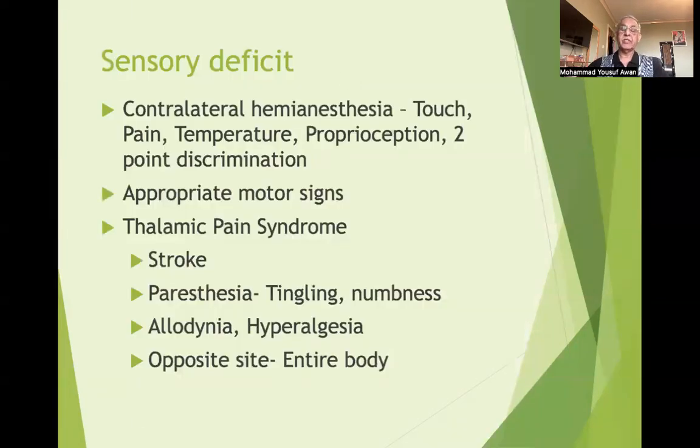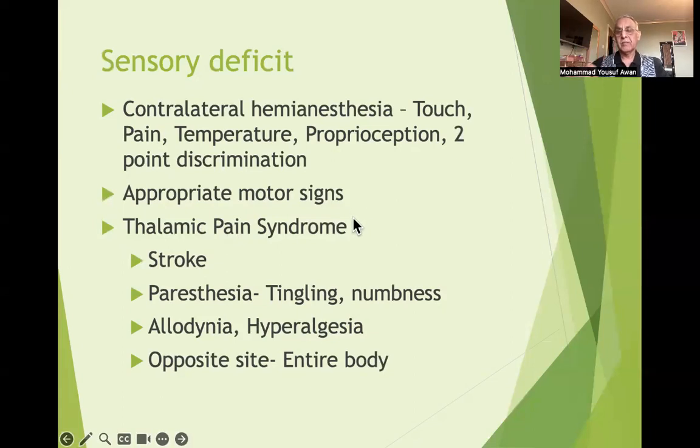So sensory deficit will cause contralateral hemianesthesia: touch, pain, temperature, proprioception, two-point discrimination, and appropriate motor signs if any nearby motor tract is damaged or injured. One particular syndrome is called thalamic pain syndrome.